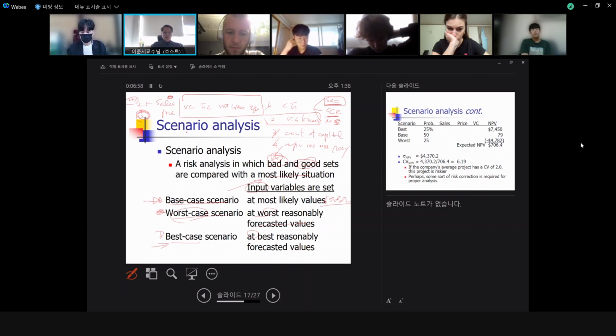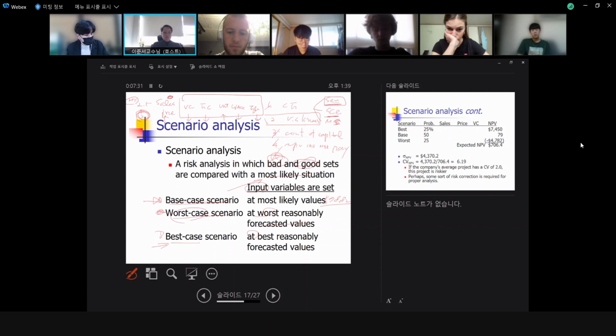But the scenario analysis is like this. We assume that all the variables change in the same direction with respect to net present value, such as the sales price increases, then it's good for the company, right? It has a good influence on the net present value. Variable cost decreases, fixed cost decreases, units sold increase, WACC decreases, equipment price decreases.